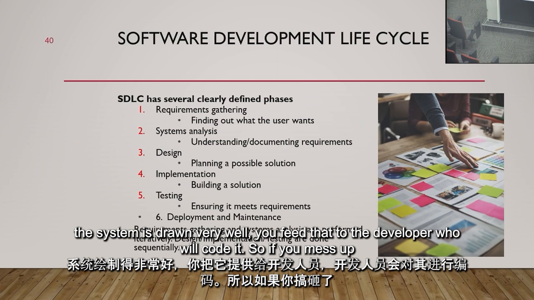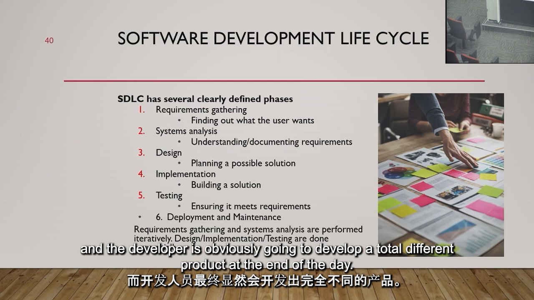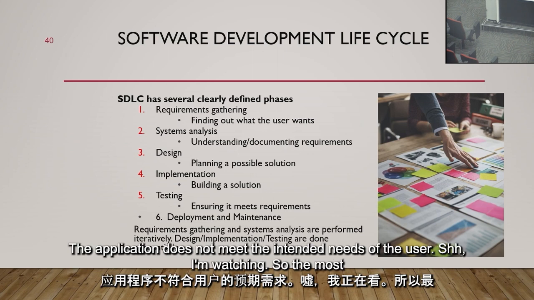So if you mess up the requirement, you will design the wrong logical flow of the system, input, process, output, and the developer is obviously going to develop a totally different product at the end of the day. The application does not meet the intended needs of the user.